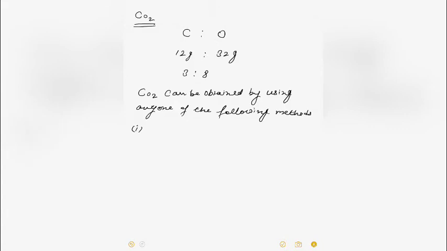First one, by heating of calcium carbonate. On heating, calcium carbonate produces calcium oxide plus CO2.